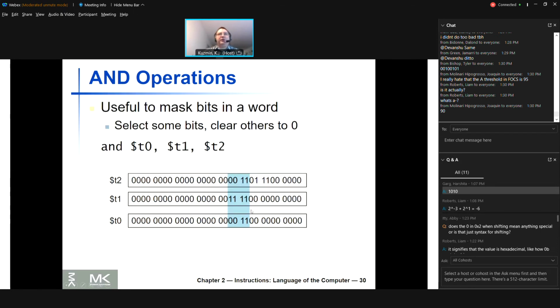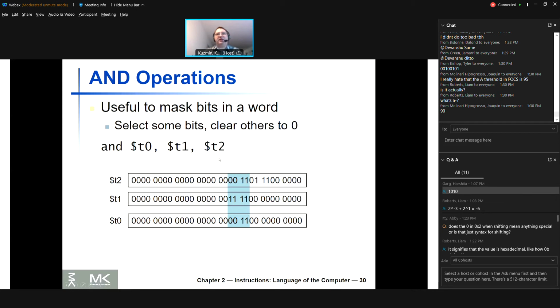And AND operations we just talked about, right? So it's convenient to use AND or XOR to mask bits in a word. Here with AND, we clear certain bits, and we just keep the others intact, as this example shows.